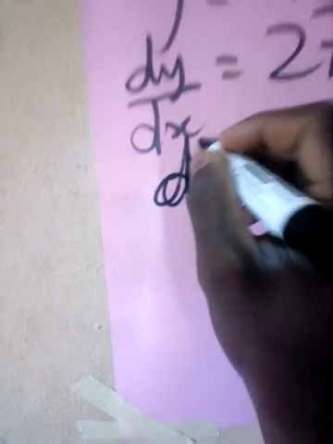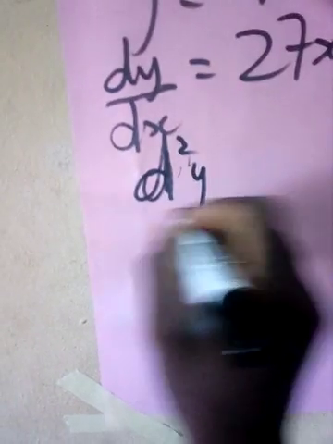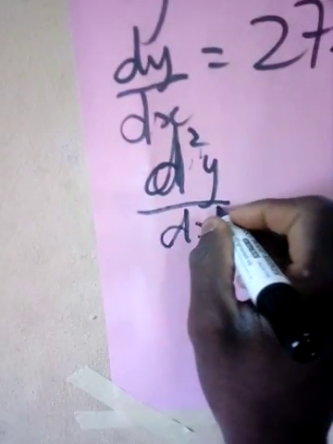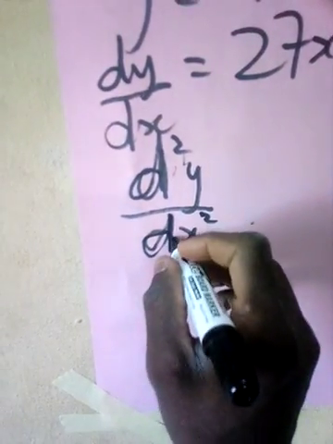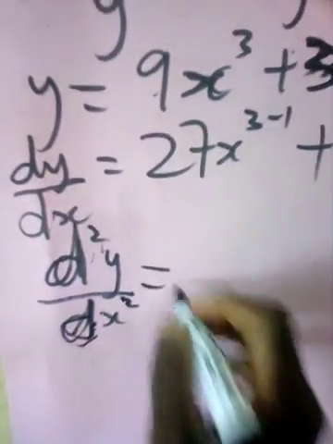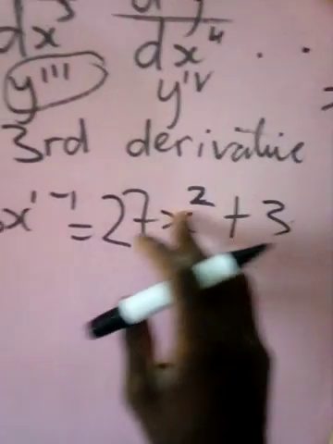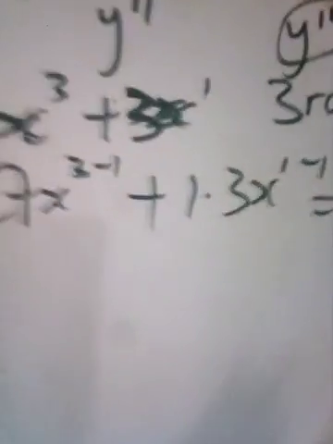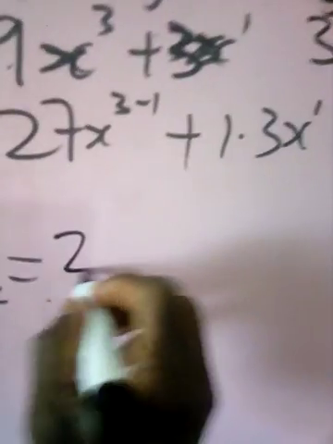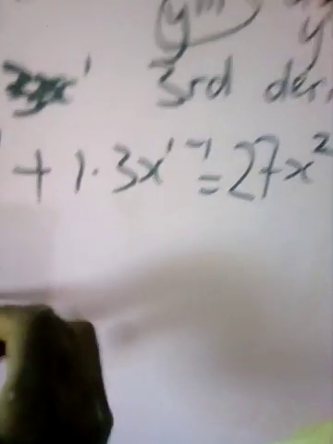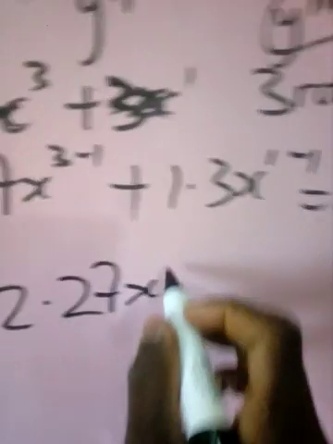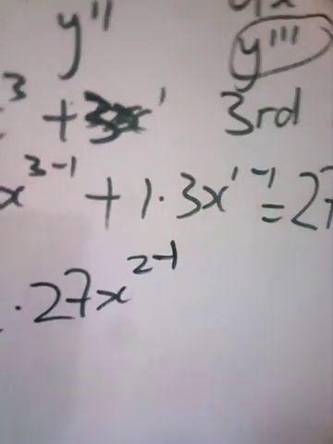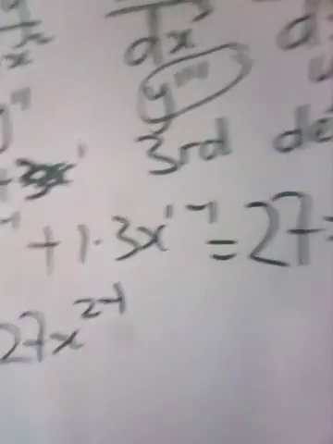Second derivative, d squared y over dx squared. I will differentiate the first derivative I got to give me the second derivative. So if I'm differentiating 27x squared, the power 2 comes down and multiplies 27, x with power 2 minus 1, then plus 3.